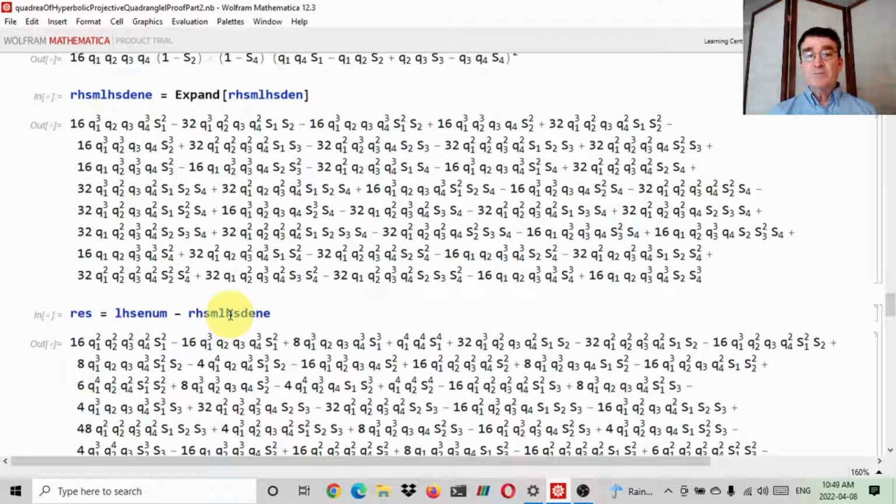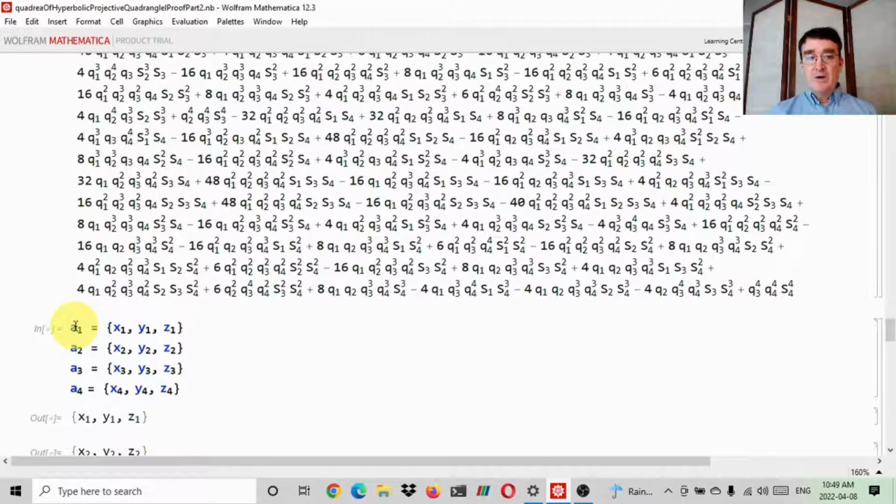Okay, next what we're going to be doing is computing the quadrances and the spreads from the points, our projective points A1, A2, A3, A4. So projective point A1 is x1, y1, z1, A2 is x2, y2, z2, A3 is x3, y3, z3, and A4 is x4, y4, z4.